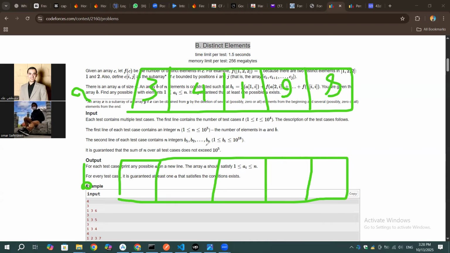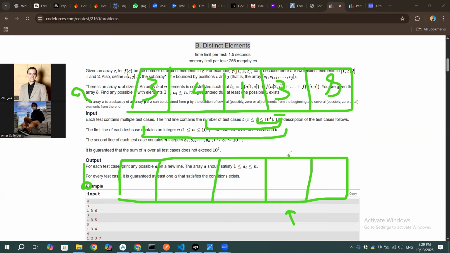So let's see, for example, what will be B of i at this place? At this place, B will be function f at this place. Wait, I'll change it. Instead of 9, let it be 3. So B will be f here plus f here plus f here, and so on.